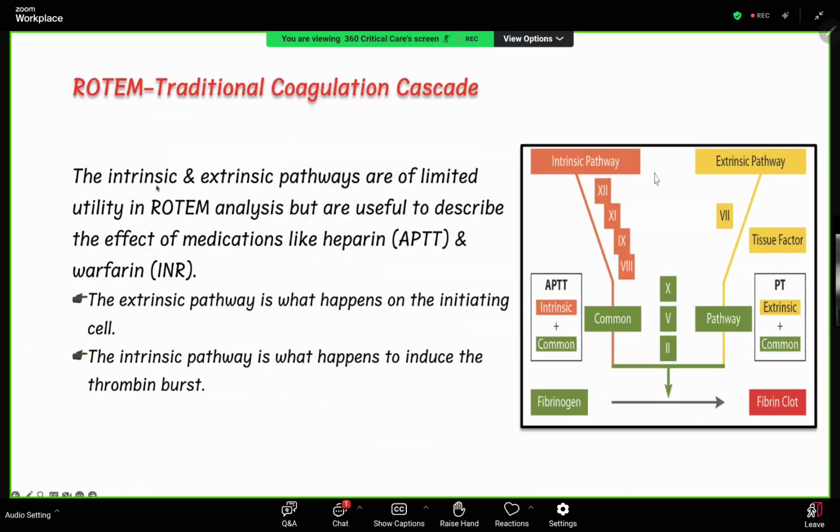So the theoretical part of the coagulation is usually we read as two different pathways, but it's not as simple as in this. The in vivo mechanism is pretty complicated, but for our easy understanding, we think it is an intrinsic pathway and there is an extrinsic pathway which converge together for a common pathway.